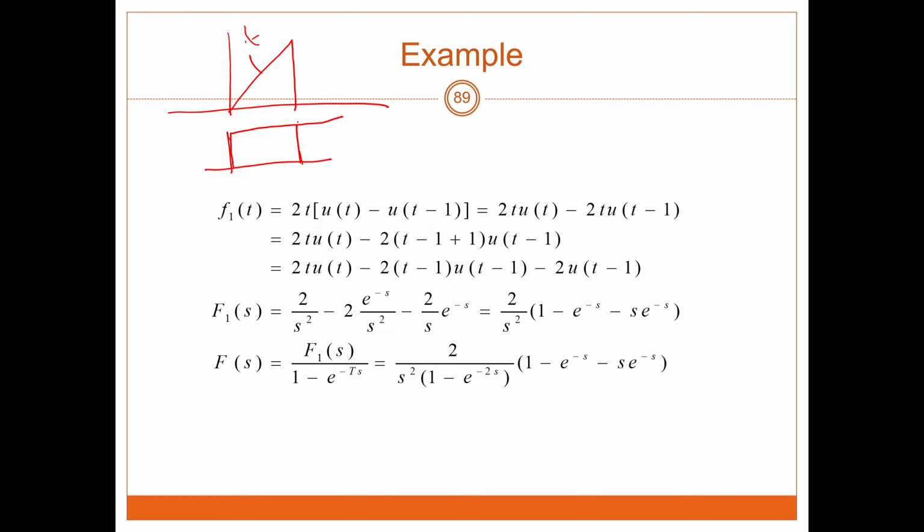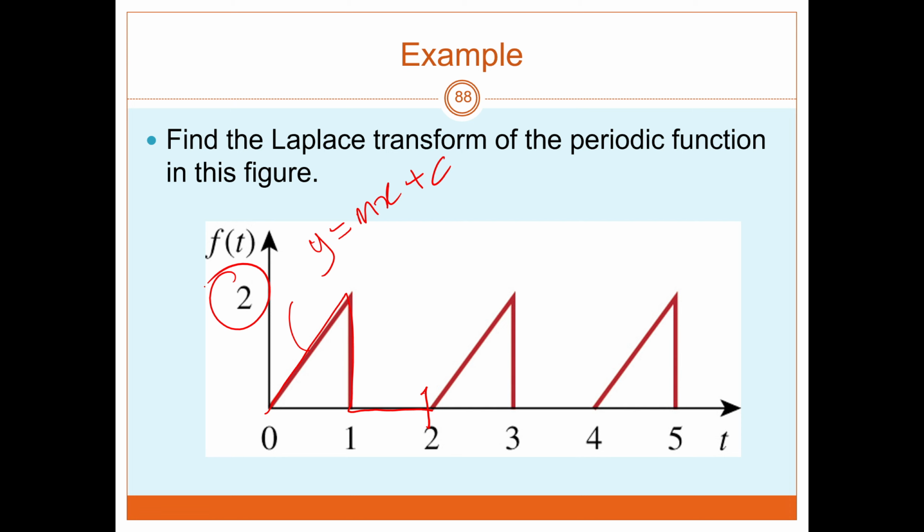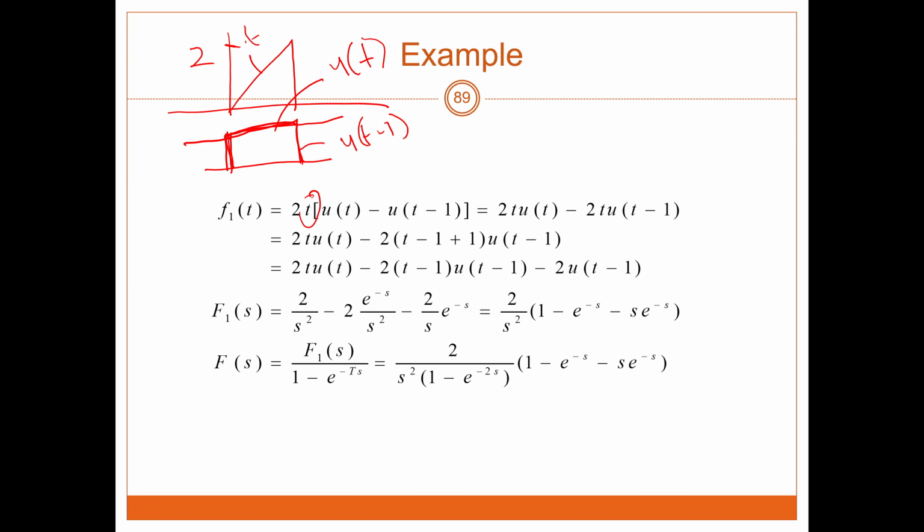So this is u(t minus 1), and the first one is u(t). When you subtract the second one from the first one, it will only exist here. That's why this is t with the amplitude of 2 here, and it only exists from u(t) minus u(t minus 1). This makes it only exist here.